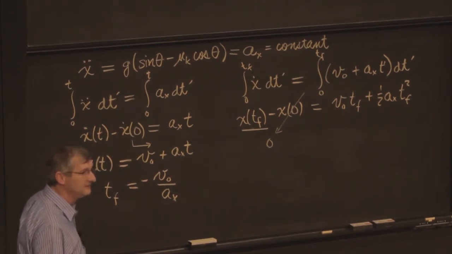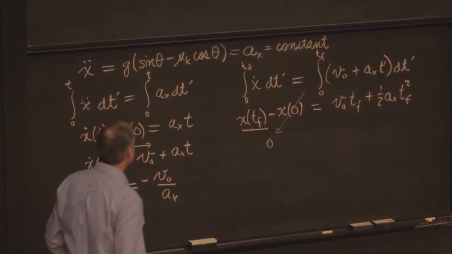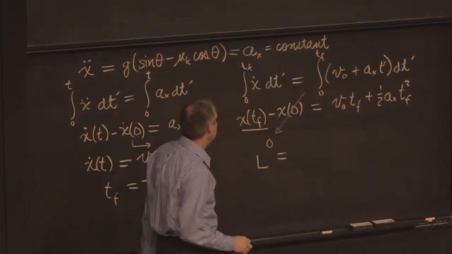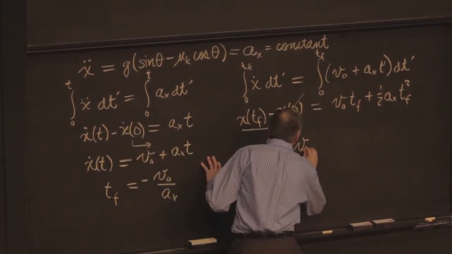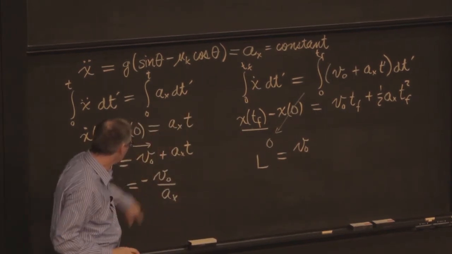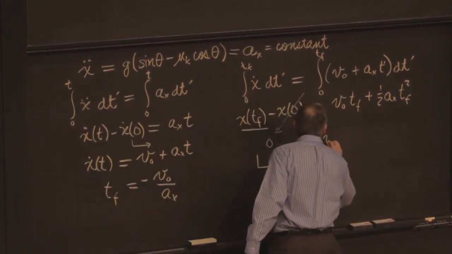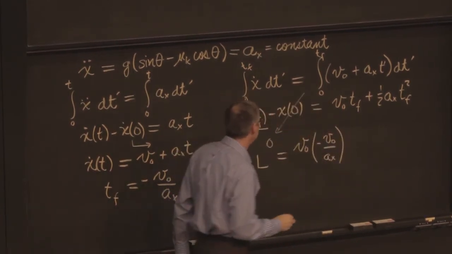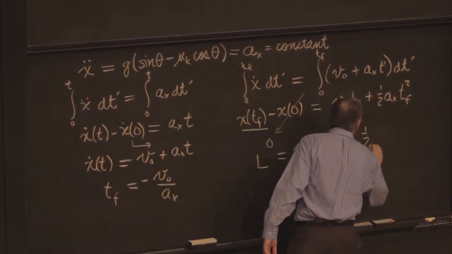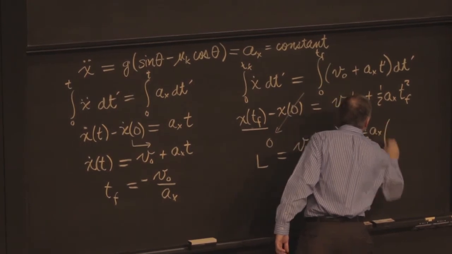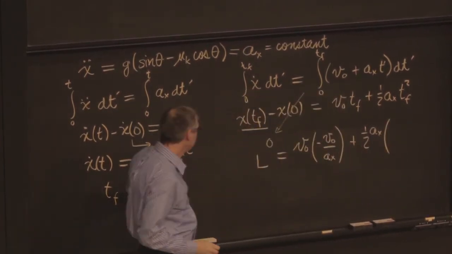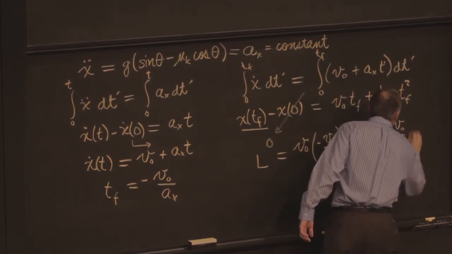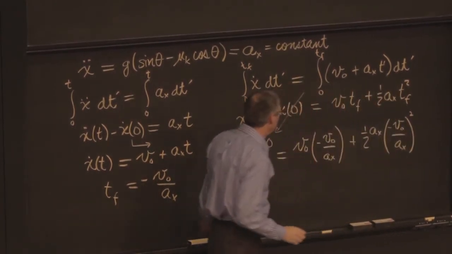But I have an expression for t final, so if I stuff that in, and what is this value supposed to be? L. So this is supposed to be L is equal to v naught times minus v naught over a sub x plus 1/2 a sub x times minus v naught over a sub x, squared.